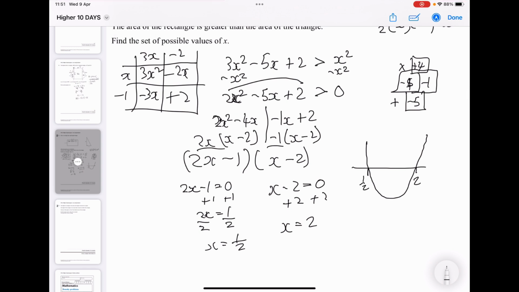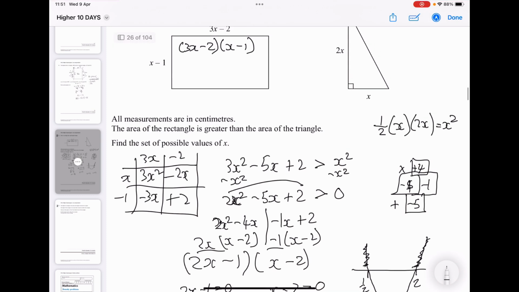And what I want is values of x where it's greater than 0. So that's above 0 is up there, and it's above there. So what I've got is x is less than a half, or x is greater than 2.